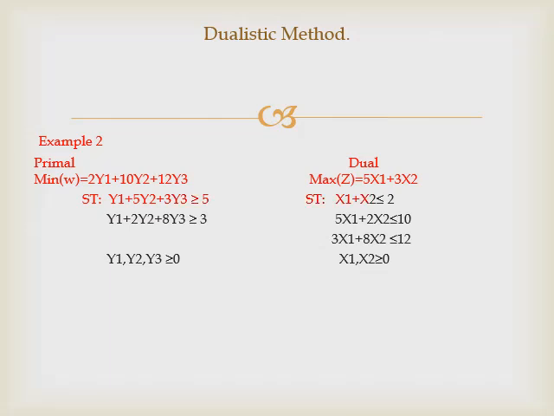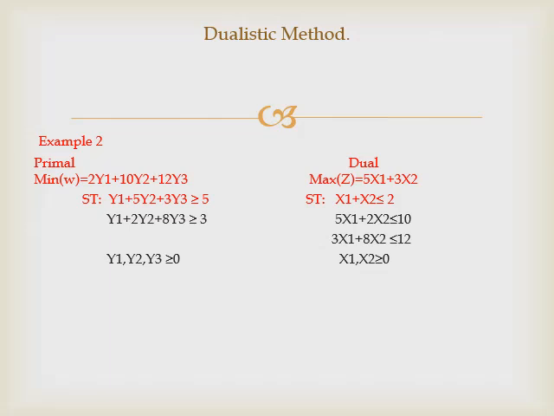Let's step forward. How to design the constraints of the dual. The number of constraints of the dual equals the number of variables in the primal.